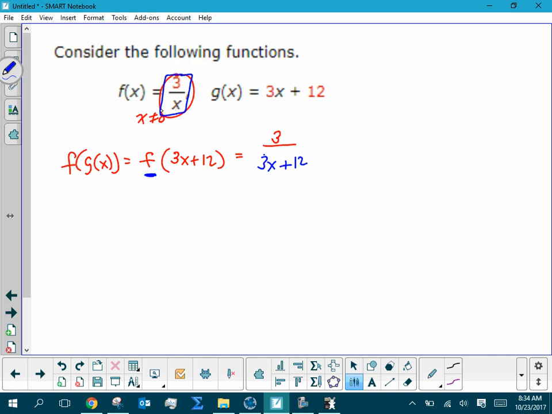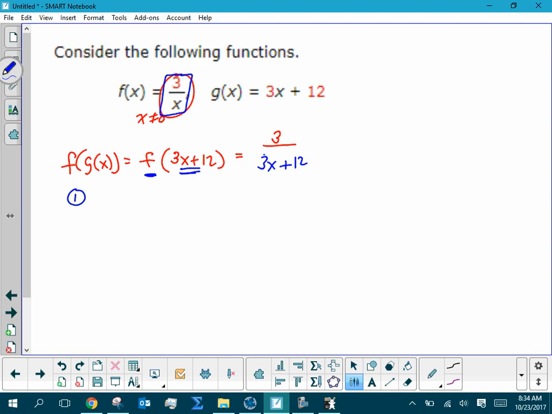So what we want to do then is look at the domain of this final function. Because we end up with division here, the bottom is not allowed to be 0. So what number for x would make the bottom 0? Negative 4. In regards to our domains, the first thing we do is look at any issues the input function would have created.